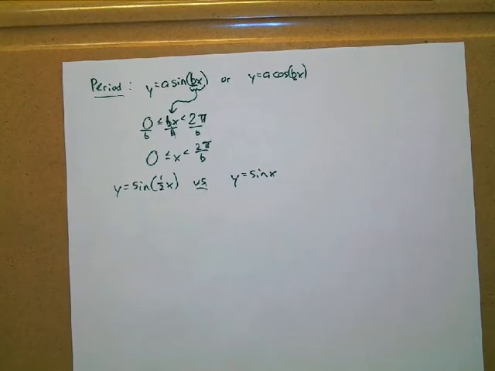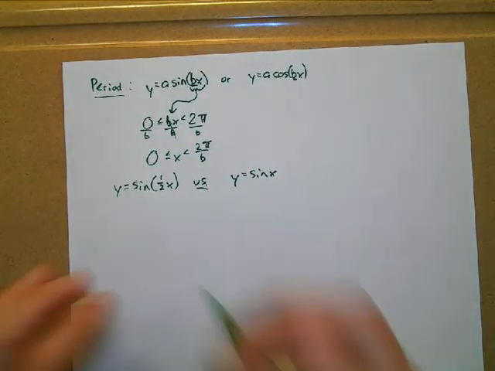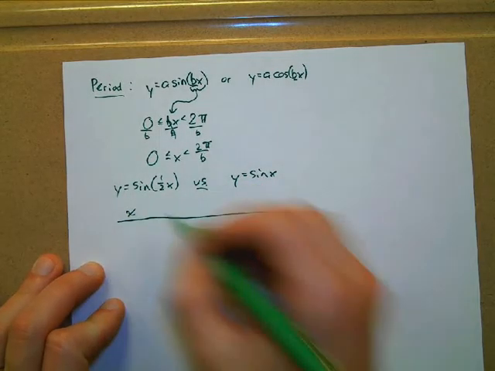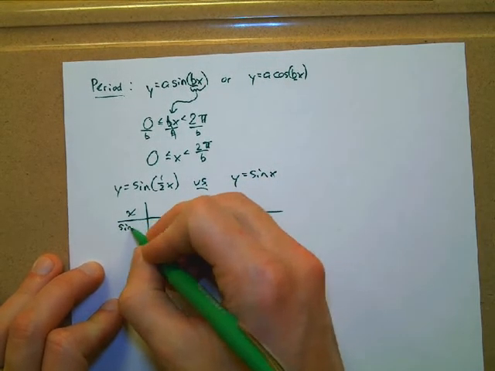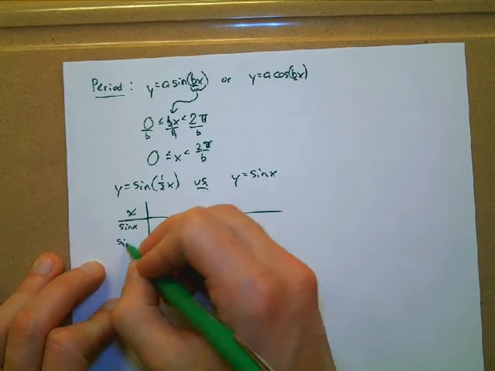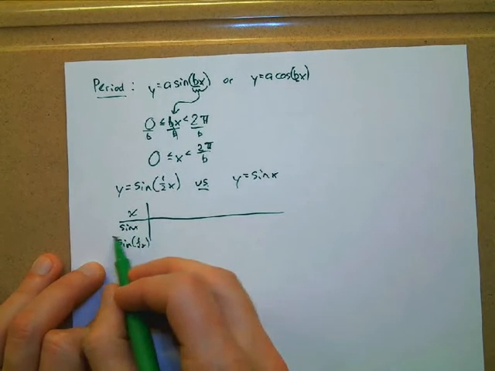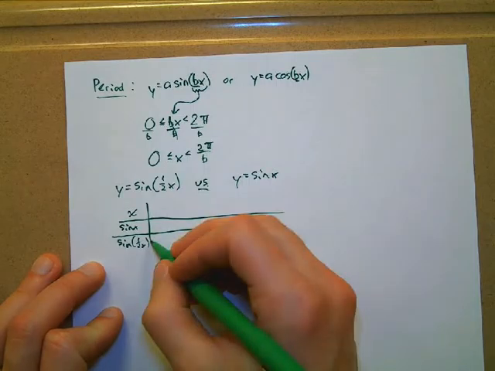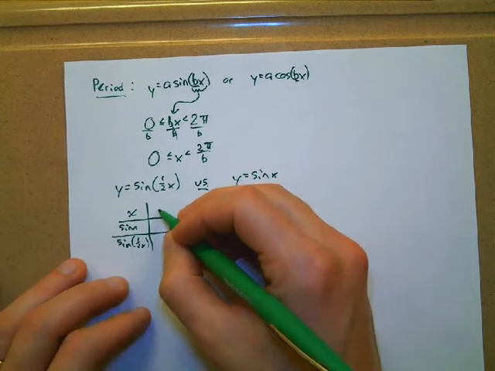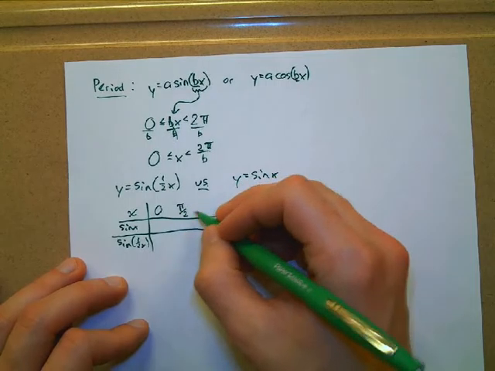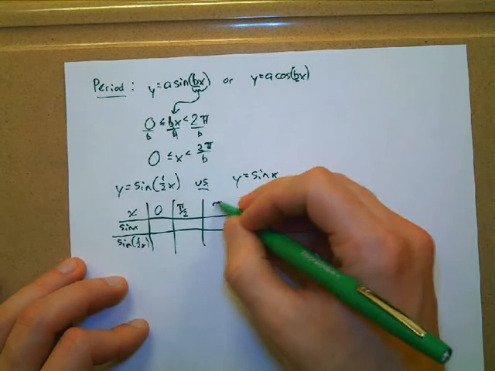And again, we'll pick our normal values for x here. So 0, pi over 2, pi, 3 pi over 2, 2 pi. And again, sine of 0 is still 0, sine of pi over 2 is still 1, sine of pi is still 0, sine of 3 pi over 2 is still -1, sine of 2 pi is still 0.